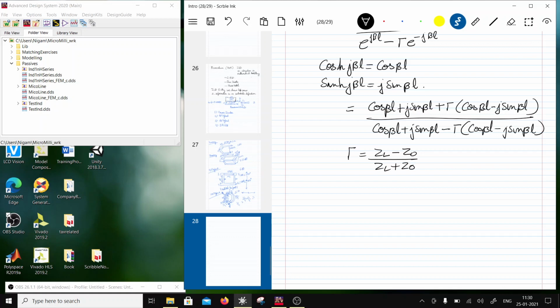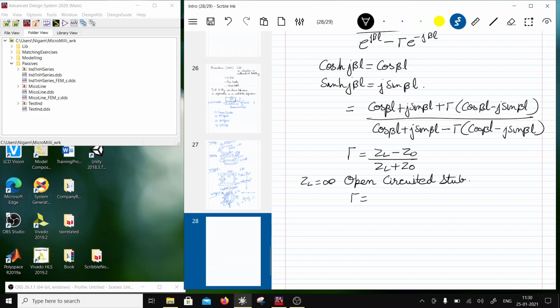Now let us consider that the load ZL is equal to infinity. So basically this is an open circuited stub. For an open circuited stub, Γ is equal to 1.